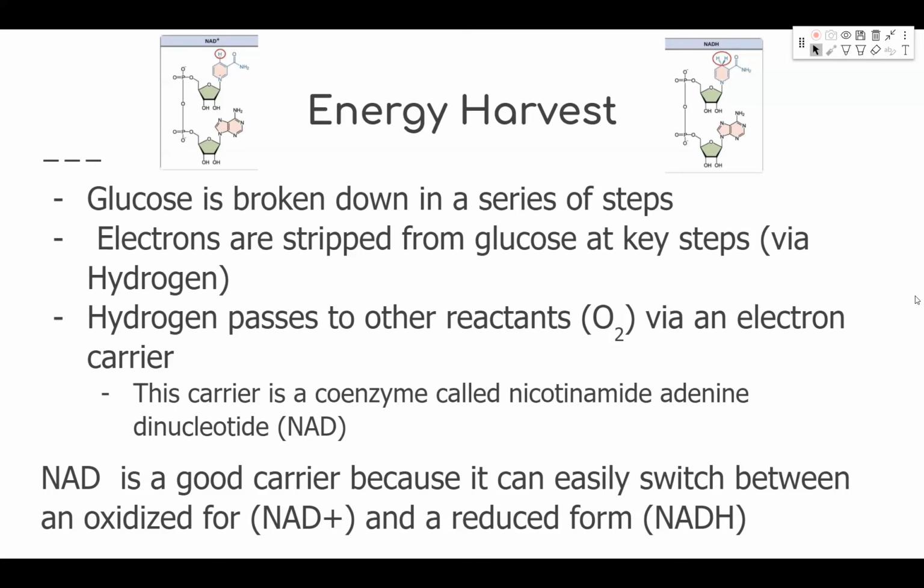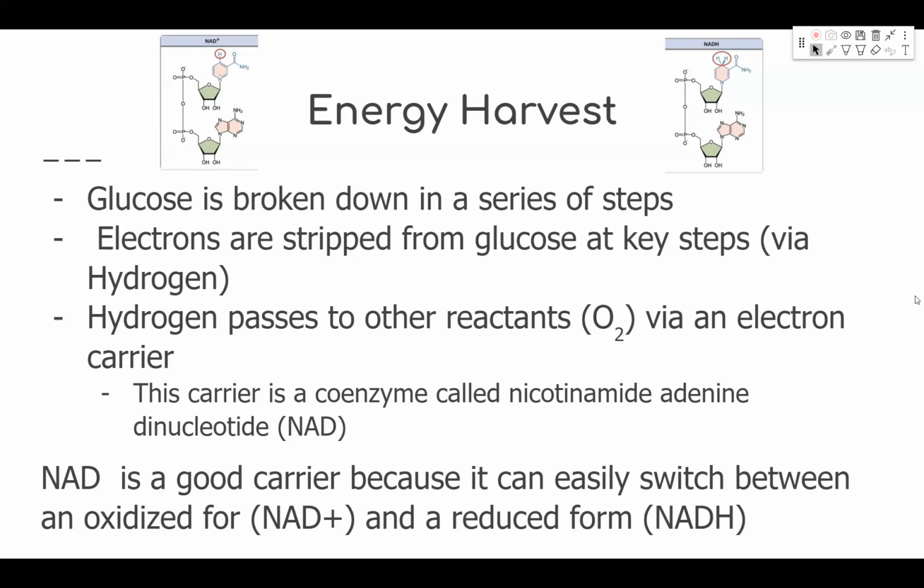Hydrogen is going to be passed to these electron carriers, specifically NAD. So we're going to take some of those hydrogens, take those electrons off of there, and transfer them to a carrier. That carrier, NAD, is really good at what it does, because it is very, very easy to switch from its oxidized form to its reduced form.